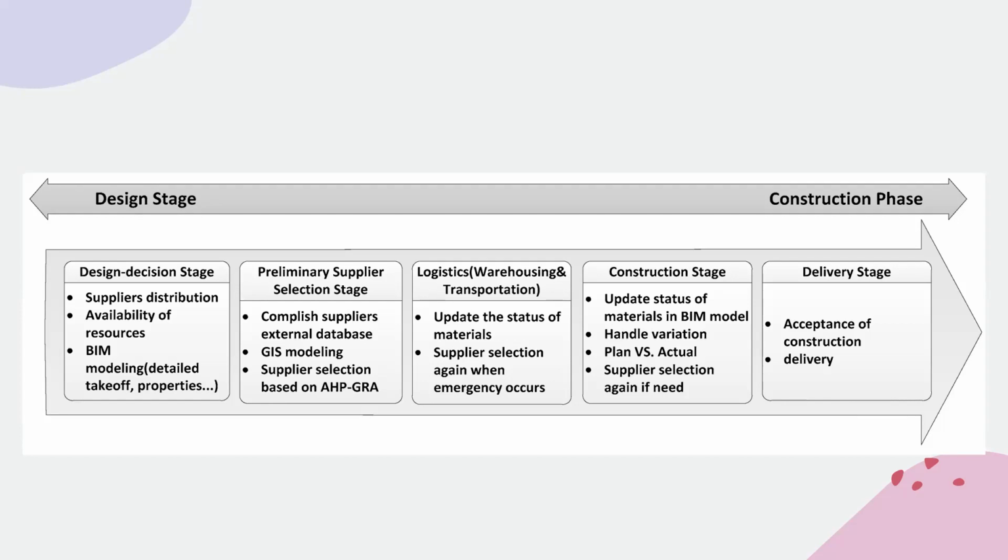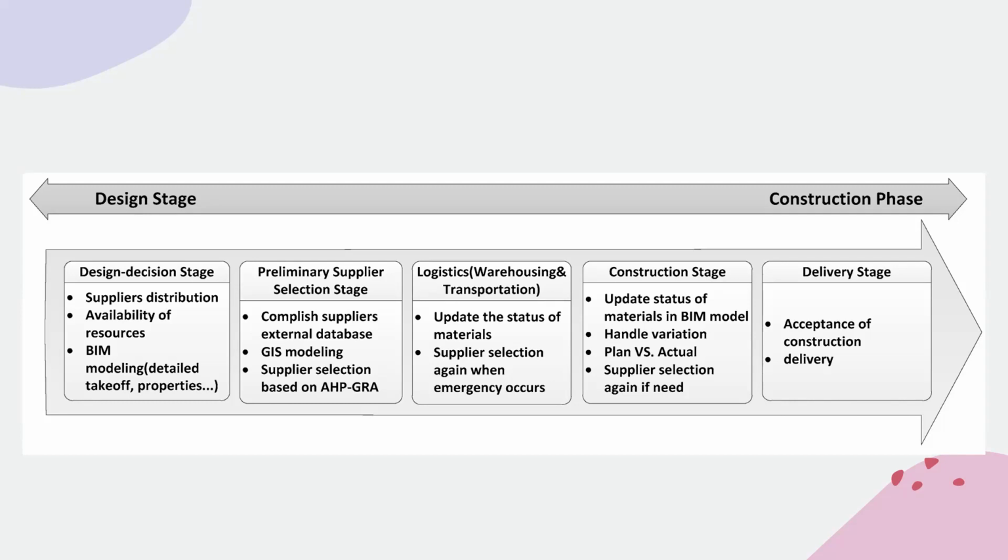And when it comes to the supplier selection, from a database, we will select who are the best suitable suppliers for different supplies, the GIS modeling, and the selection based on HP and GR.